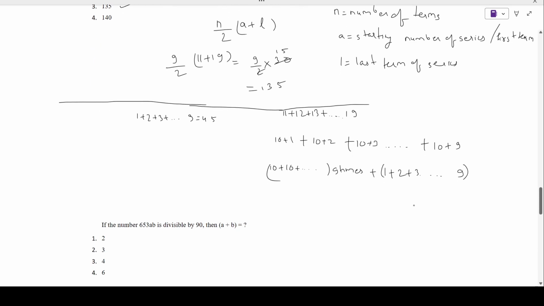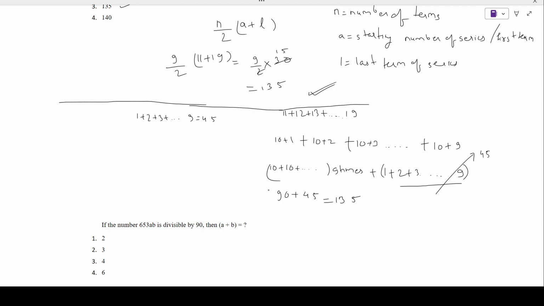From the given, the value of this is 45. 10 plus 10 plus 10 up to 9 times gives 90, plus 45. 90 plus 45 is 135, which is again the same as we already found above.